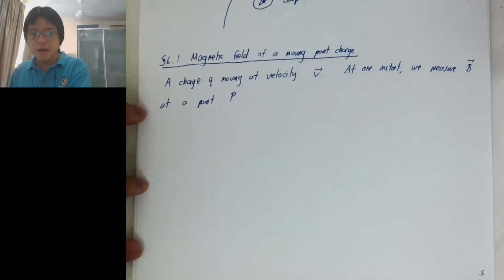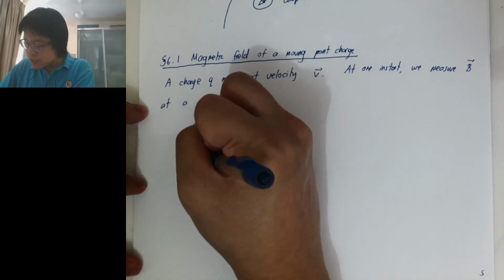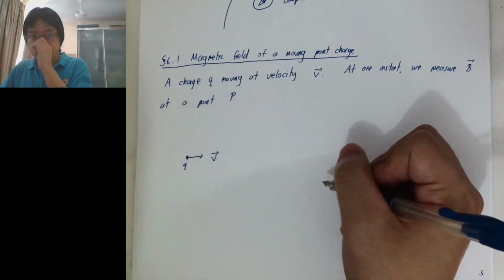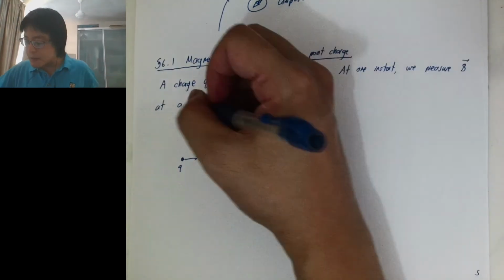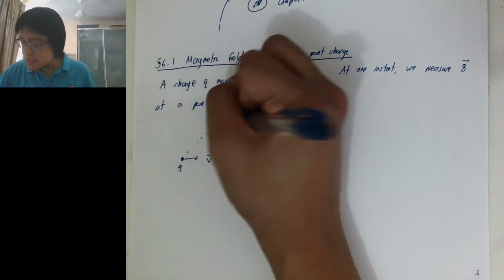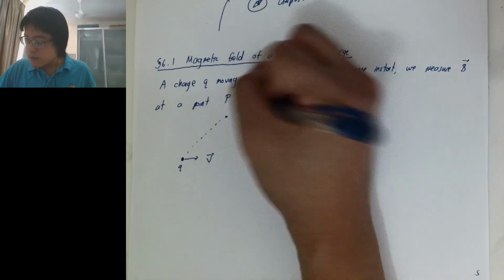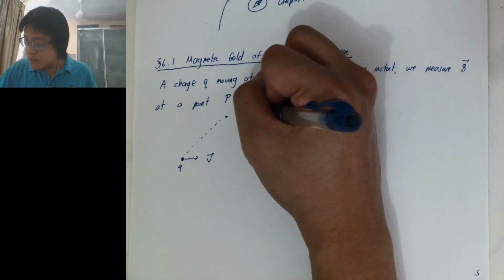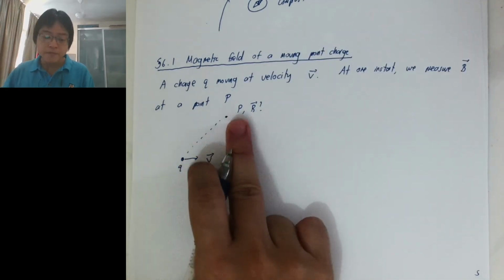So basically, I have a charge that is moving at some velocity v, and I want to calculate the magnetic field. Usually we are capable of determining the magnetic field at some position. So let's say this is point P.